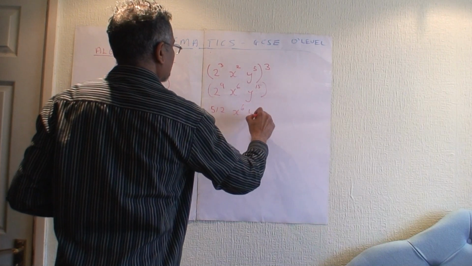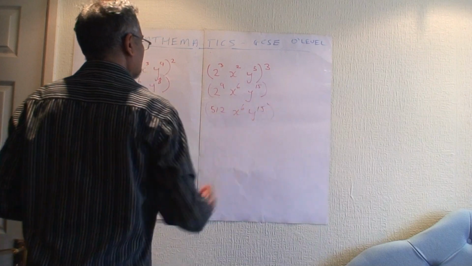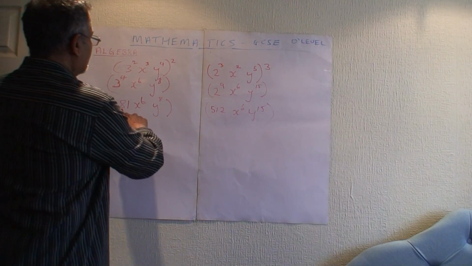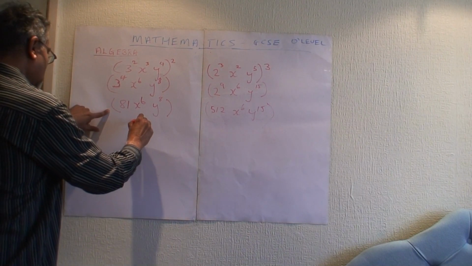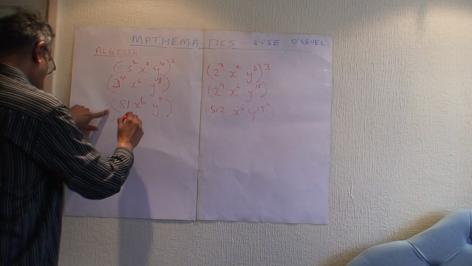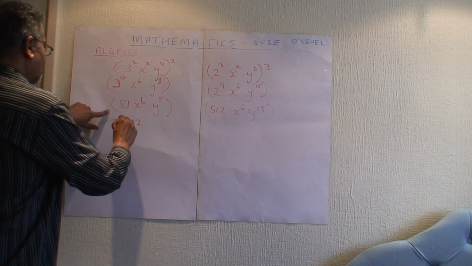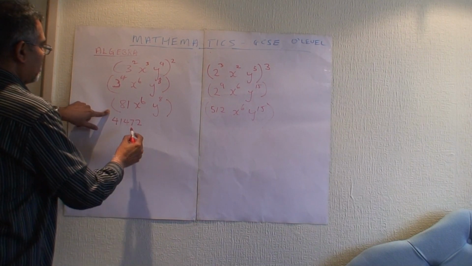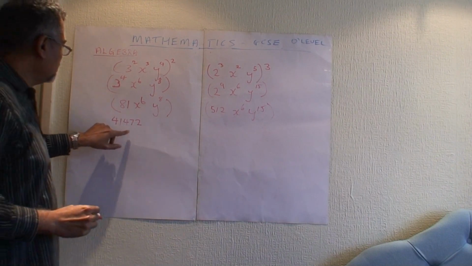X to the power of 6, y to the power of 15. So 81 multiplied by 512. That's 41,472.